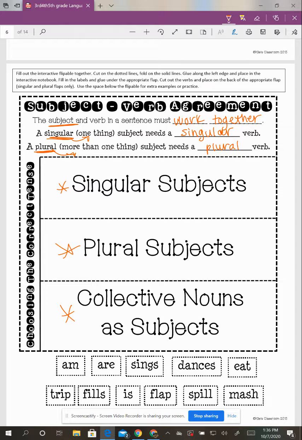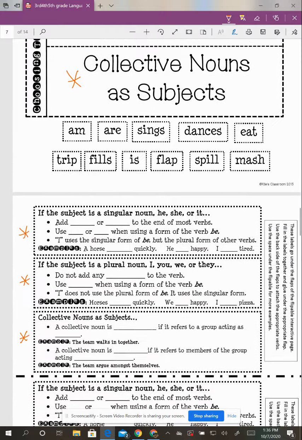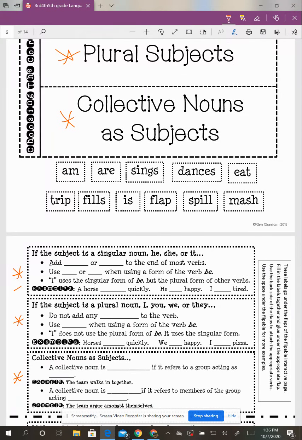We're going to talk first about singular subjects. If the subject is a singular noun like he, she, or it, then we're going to add s or es to the end of most verbs. This would make sense. If I said he sings in the choir, that makes sense because I'm talking about him.